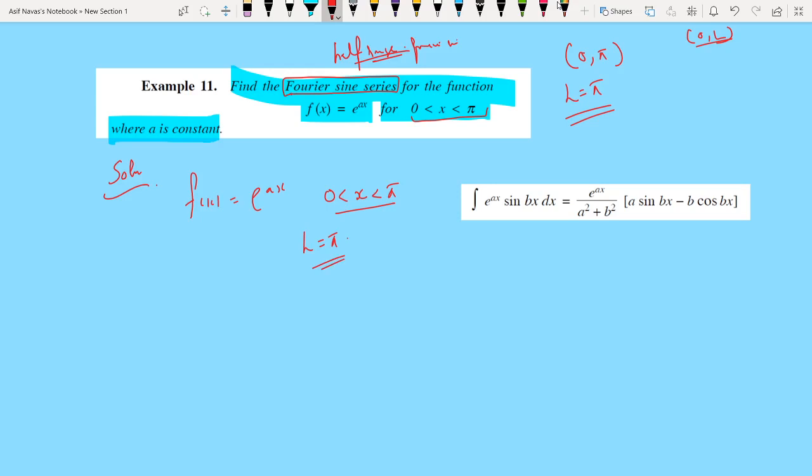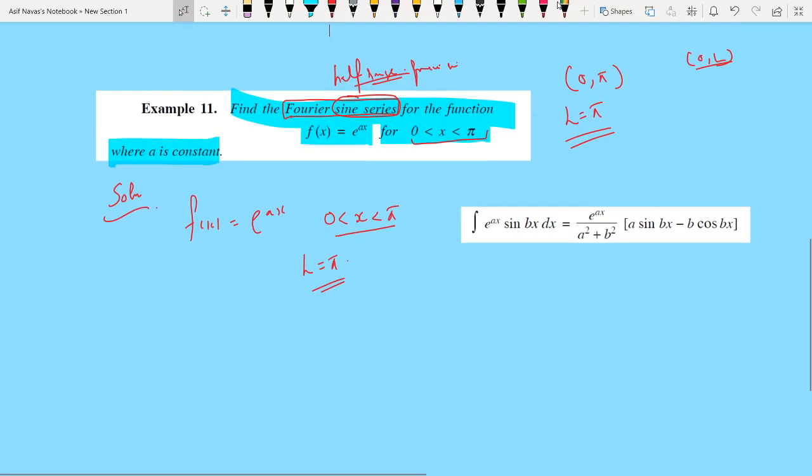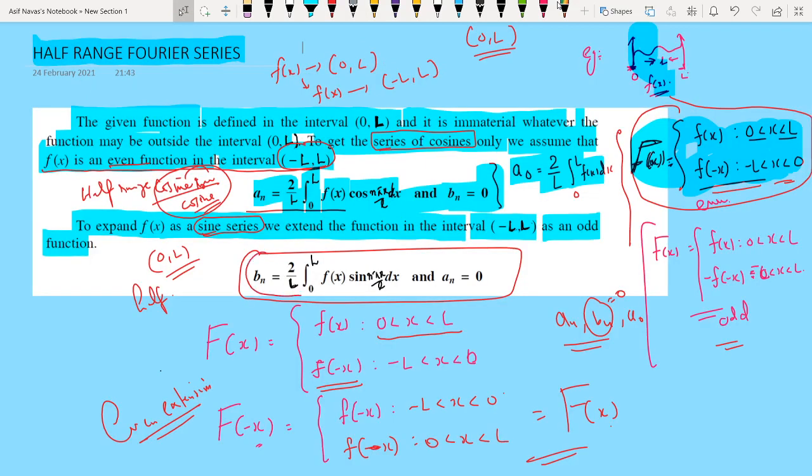We want to find the sine series. Fourier sine series means it is a sine extension, so we will get bn equal to this, and an is equal to 0 and a naught is equal to 0.